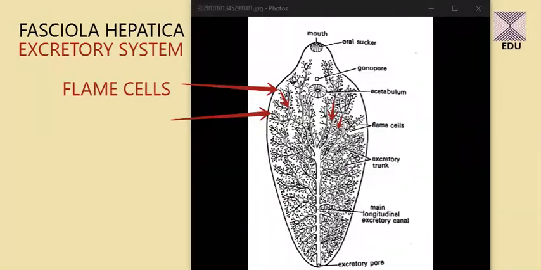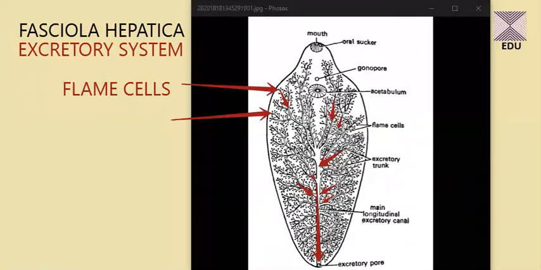These trunks finally open into the central longitudinal excretory canal, and the whole of the urine is poured into this canal, which opens onto the excretory pore, and the urine goes out. So this is the mechanism of formation of urine in flame cells.